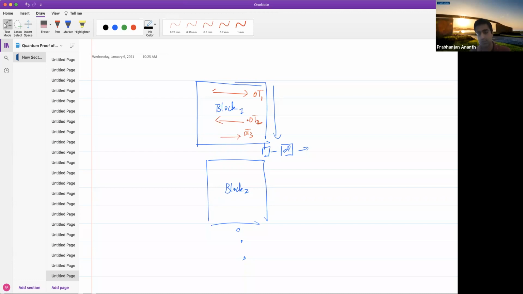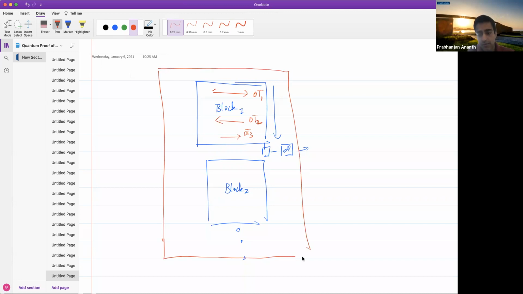So how does this reduction work? This reduction is going to run the verifier, and using this verifier, it's going to interact with some external challenger to break OT. Now the problem is, if the OT messages are interleaved with zero knowledge messages, then it does not know when to forward these OT messages to the challenger.